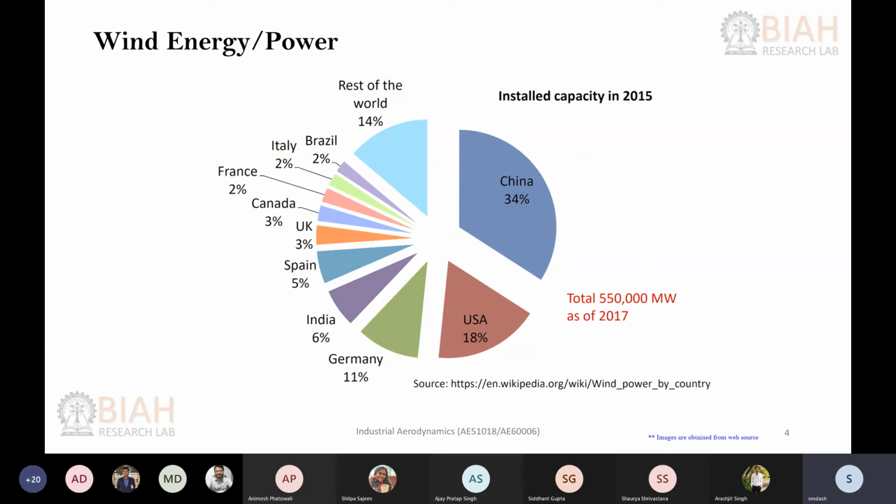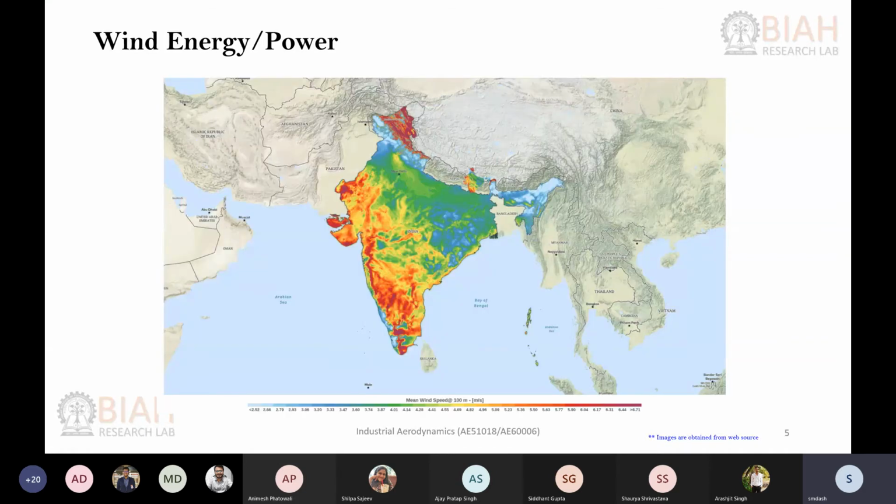Additionally, the wind condition is also favorable to them. They have a quite large coastline. I don't have the wind data for China here, but that could be another factor: the wind environment available in the country, so they could tap more, both through technology as well as the environment.